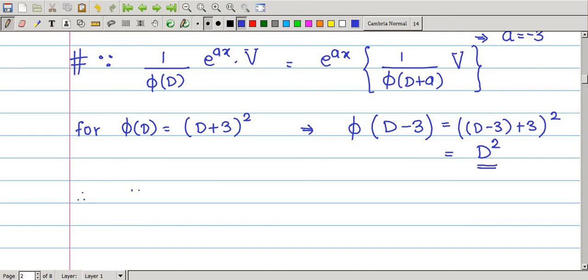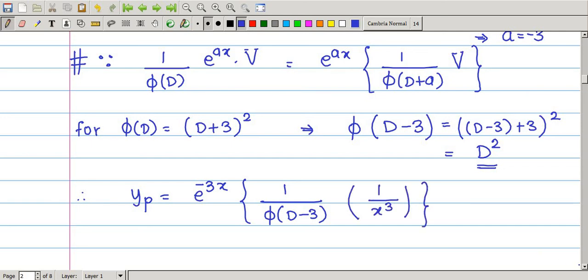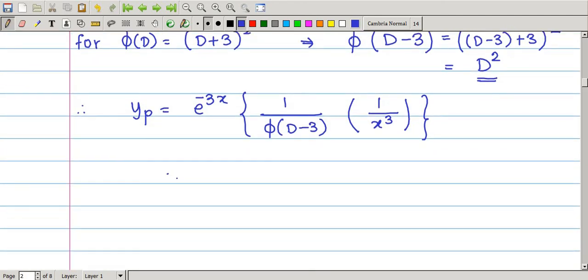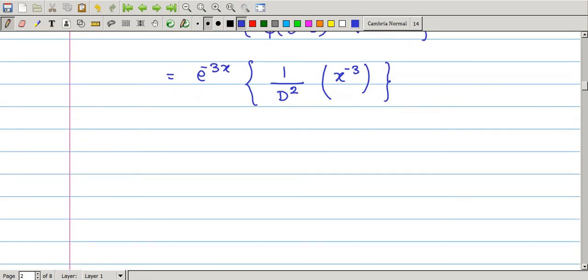Fine. Therefore, our required particular integral will be, we take that exponential function outside, we use this formula 1 upon phi of d minus 3, and it is to be operated on that algebraic function, that is 1 upon x cube. So we can simplify it now, e raised to minus 3x into 1 upon d square into x raised to minus 3. 1 upon d represents integration with respect to x, and 1 upon d square represents double integration of x raised to minus 3.